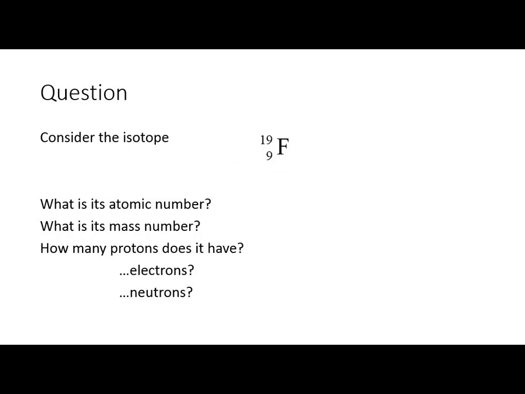So we're going to do a few examples, then I'm going to turn you loose with your homework. If we pick on fluorine, the symbol for fluorine is F. Now notice in this example there is no charge up there, so that means it's neutral. We should be able to answer these questions.